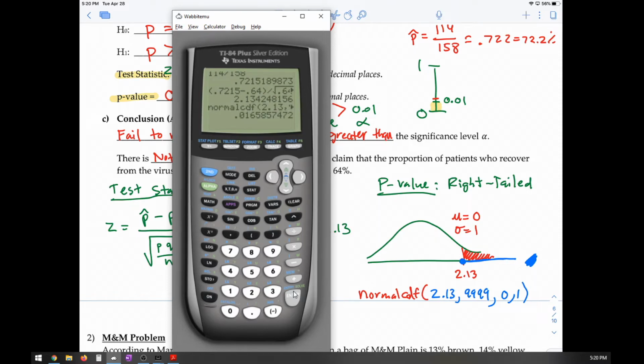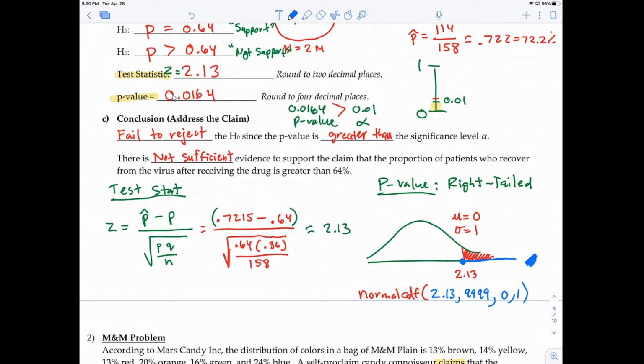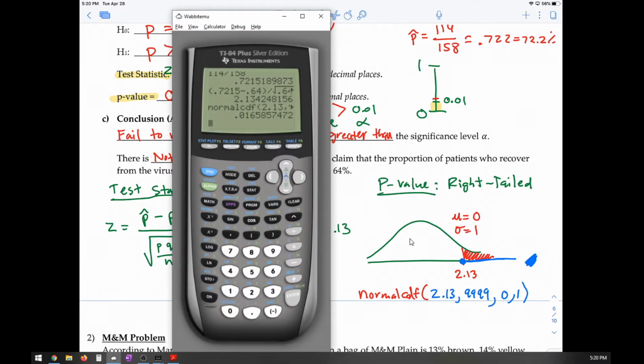So the p-value is approximately 0.0166, which is very close to what we have here, right? It's slightly different from what we have because we rounded the test statistic right here. So if you don't round the test statistic, you should get a more accurate p-value, right?